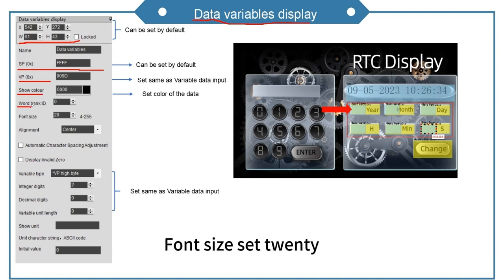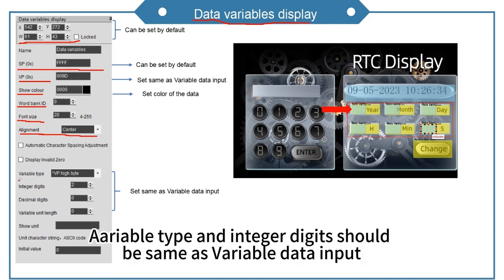Font size set 20. Alignment I choose center. Variable type and integer digits should be the same as variable data input.